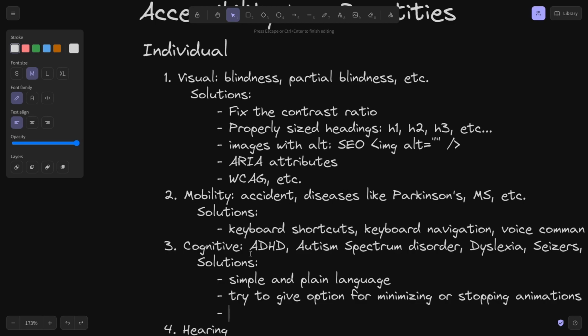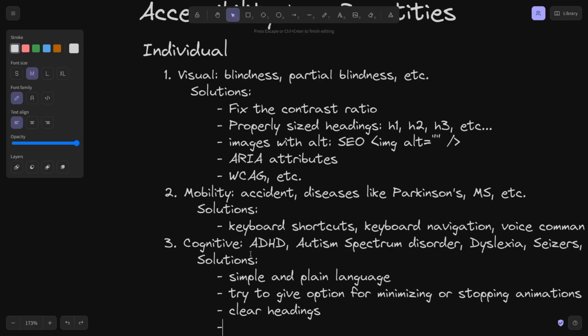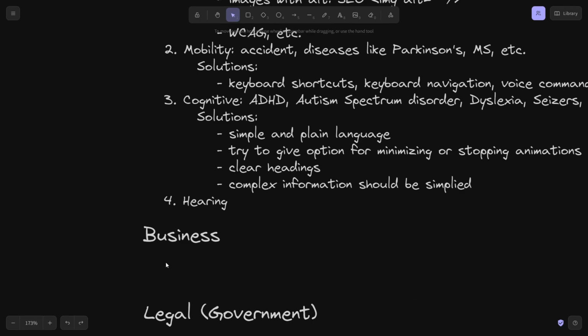Okay, then clear headings should be present there. Similarly, complex information is a no-no. Complex information should be simplified as much as possible.